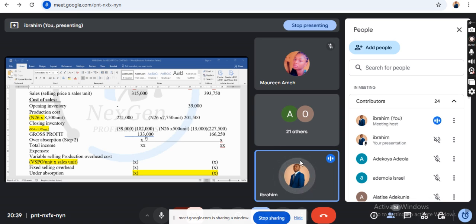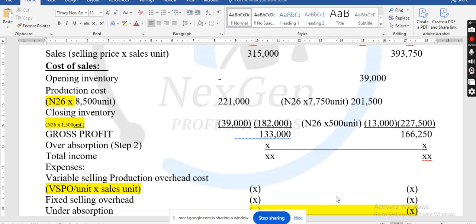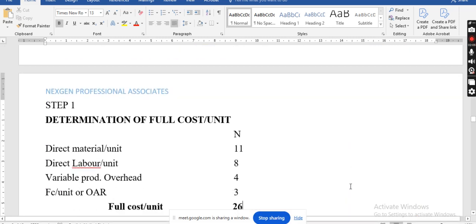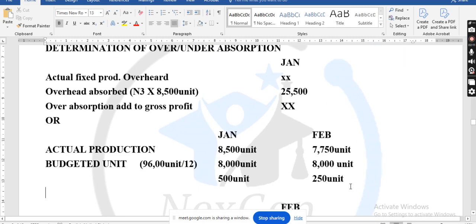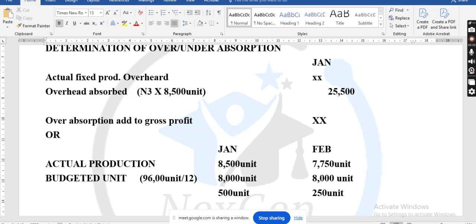Now, how do we determine the over absorption or under absorption? Let's quickly scroll down. You have your actual fixed production overhead, given to you in the question, then you have your overhead absorbed.